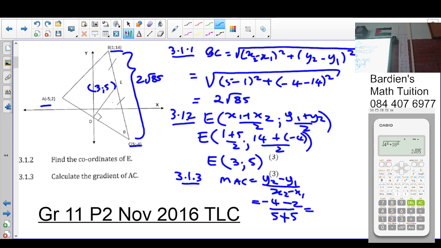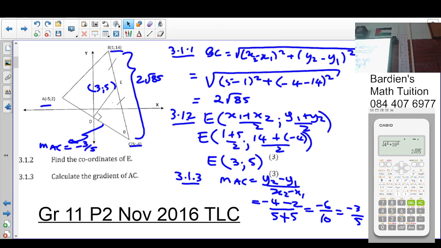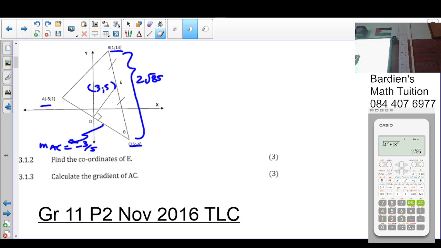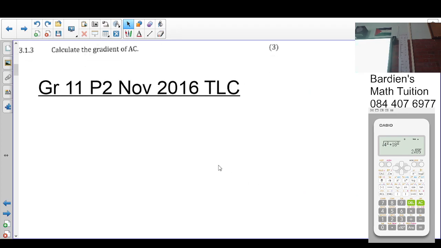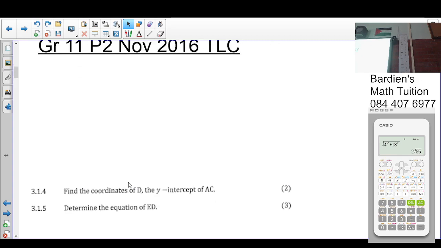So that gives you minus 6 over 10, which is negative 3 over 5. You all agree with that? So all the calculations that I've done, all these answers are on the diagram. As you can see, we're running out of space there, and I want to keep the diagram in focus.